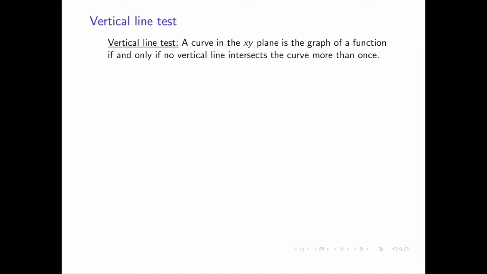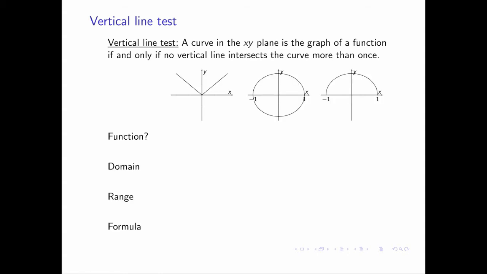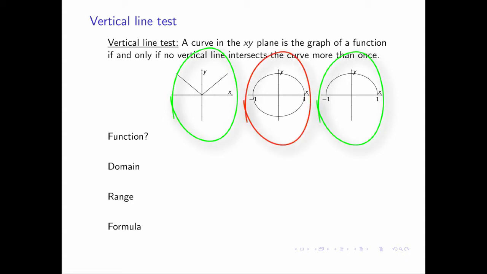Any curve in the xy plane is a function if and only if no vertical line intersects the curve more than once. So we see three examples here. The two on the outside are functions and the one on the inside is not a function. So a curve in the xy plane is a graph of a function if and only if no vertical line intersects the curve more than once.